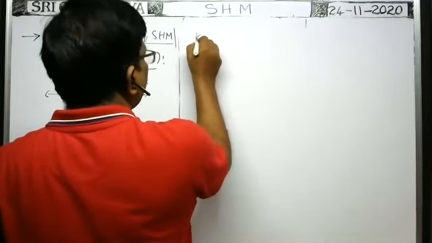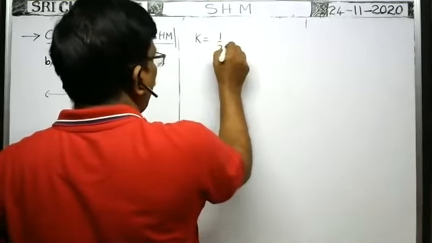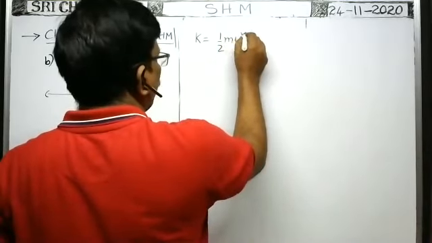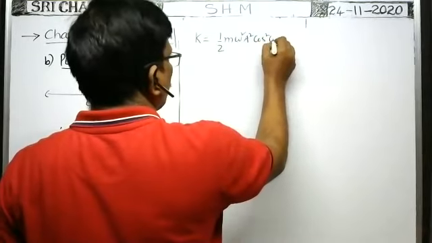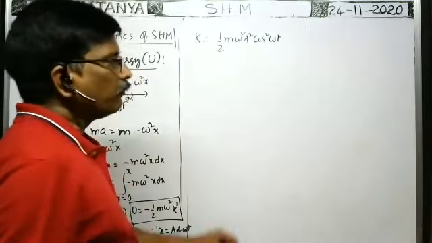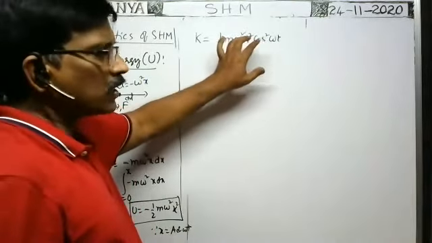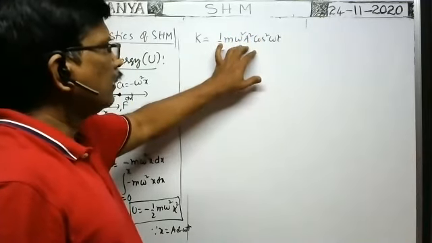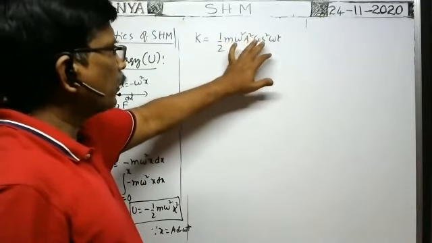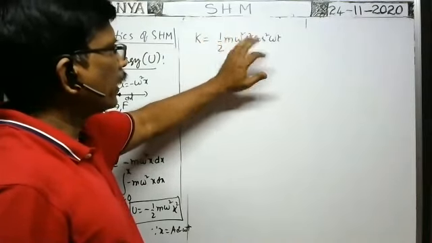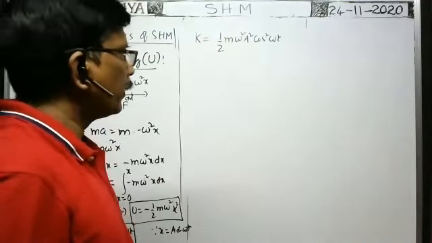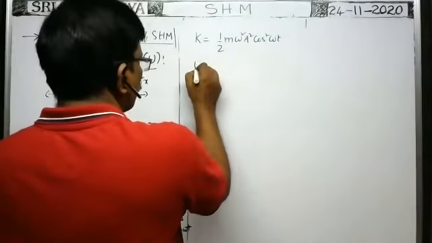We know kinetic energy at any time t is half m omega square a square cos square omega t, because the velocity at any instant, when motion is considered from the mean position, is a omega cos omega t. So half m v square means omega square a square cos square omega t.